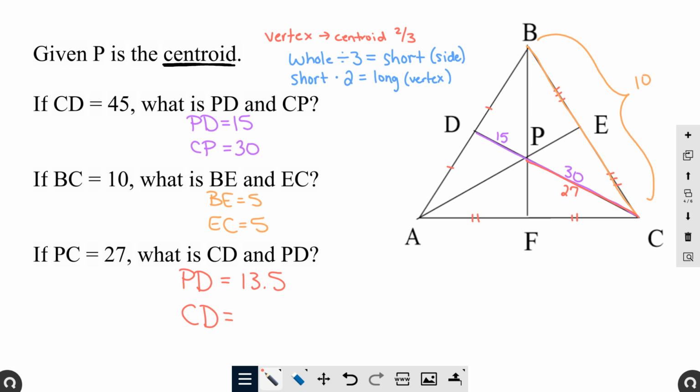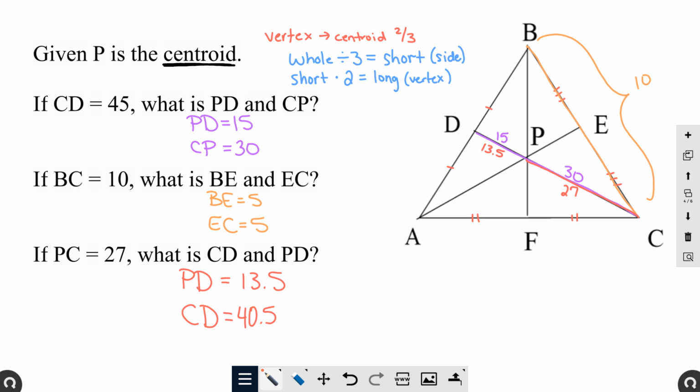And CD is the whole thing. So how would we figure out the whole thing? We could add those 2 parts together, or we could also multiply this small part by 3. But what's 13.5 plus 27? 40.5. And then somebody with a calculator real quick, just check.